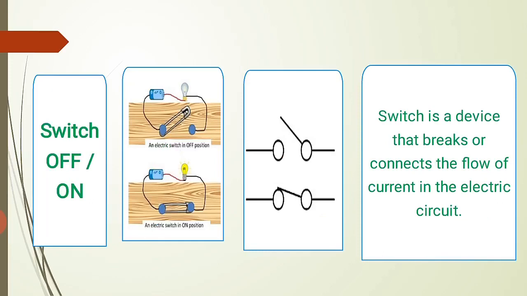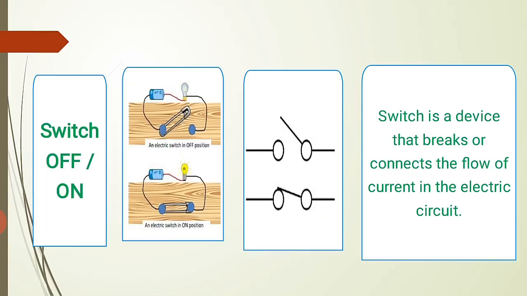When the 2 points are not connected, the circuit remains open, right? This position of the switch is commonly called the off position. When the circuit is open, there is no flow of electric current, and the switch is known as off, right?